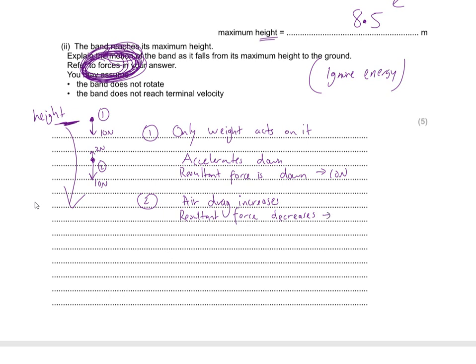Here, the resultant force would be what? 10 minus 2 will be 8 Newton, so it has decreased. Now, if the resultant force has decreased, then the acceleration decreases. Okay, does this make sense?